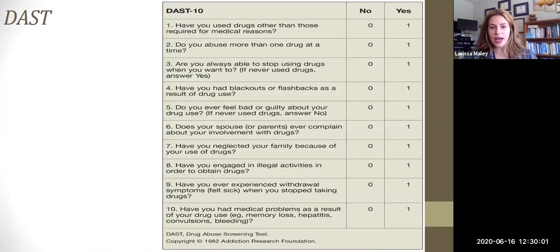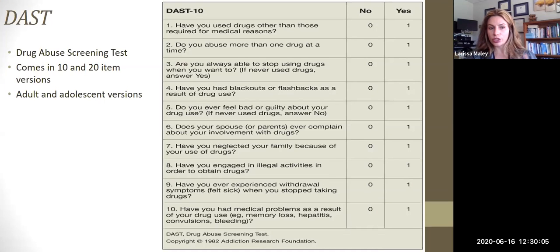Similarly, the DAST, which comes both in a 10-item and 20-item version, has an adult and adolescent version associated with it. This is matched with ASAM.